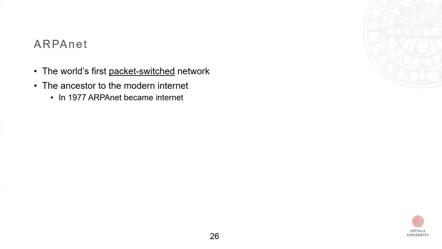So now let's talk about ARPANET. ARPANET was the world's first packet switched network, and it is actually the ancestor of the modern internet. It was a small internet initially, but it grew and grew and got bigger until 1977.